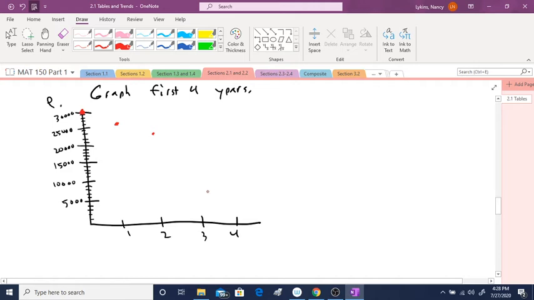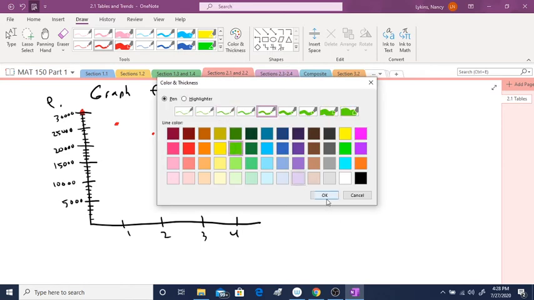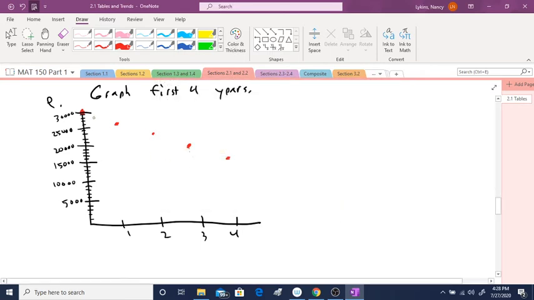Your third year, it goes down to 21. And that fourth one that we found, it goes to 18. Now, it's hard for me to do on this, but you connect the dots, it is a straight line.